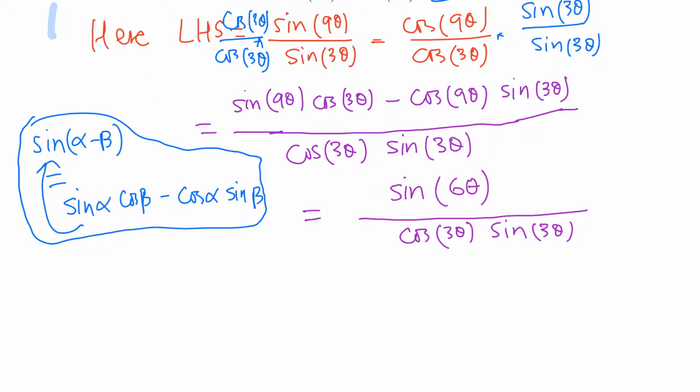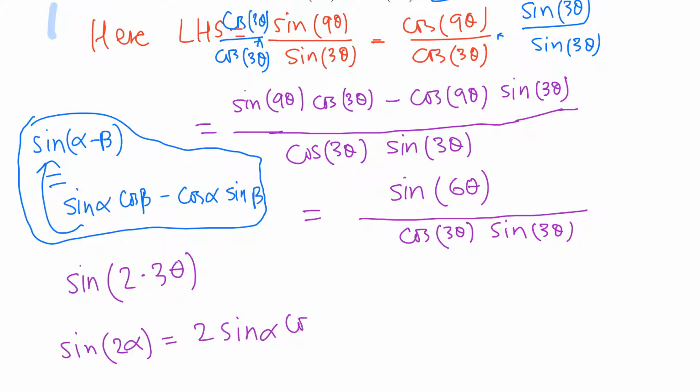Looks like sine 6 theta, and we have 3 theta on the bottom. Look at the relationship between 3 theta and 6 theta: 6 theta is 2 times 3 theta. So sine 6 theta is sine of a double angle. If we think of 3 theta as alpha, we know that sine 2 alpha is 2 sine alpha cosine alpha.